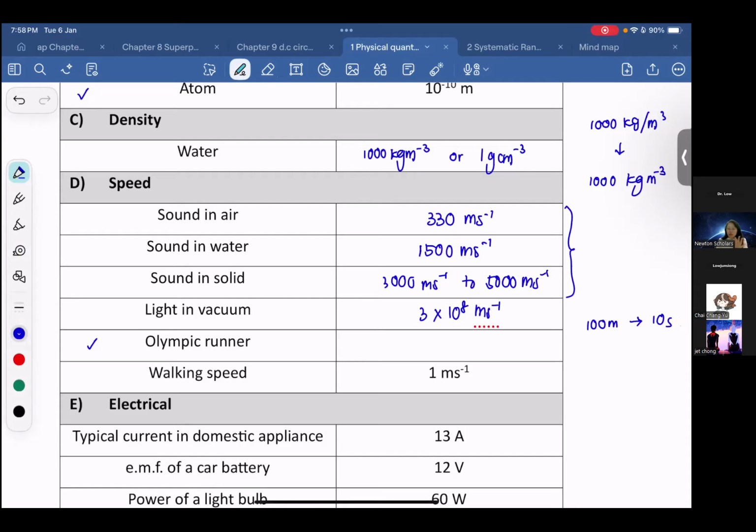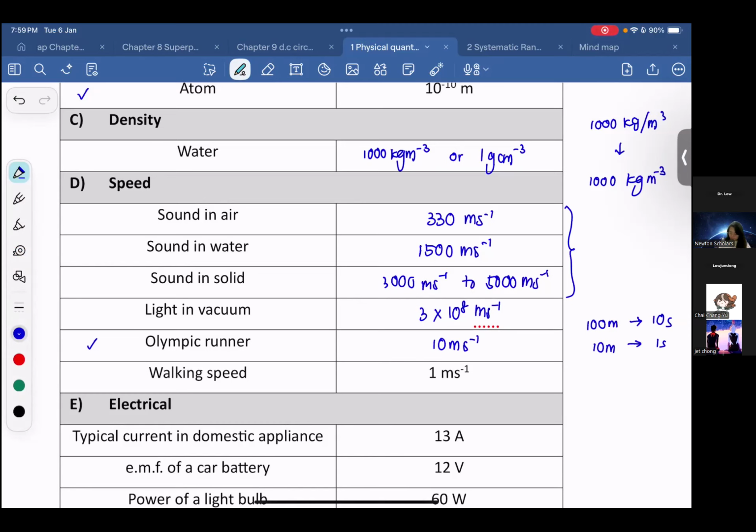So basically, the Olympic runner's speed is 10 meter per second. Every 1 second, they can run 10 meter. Your walking speed is roughly 1 meter per second.